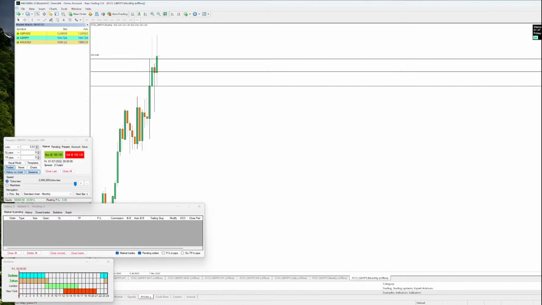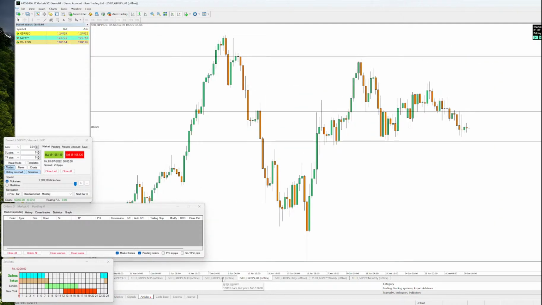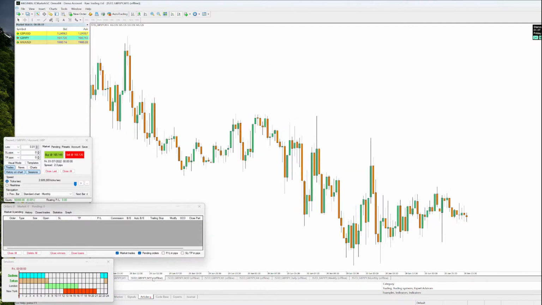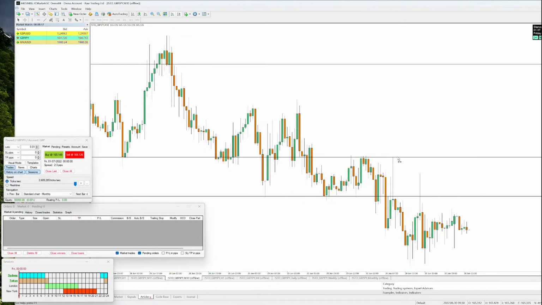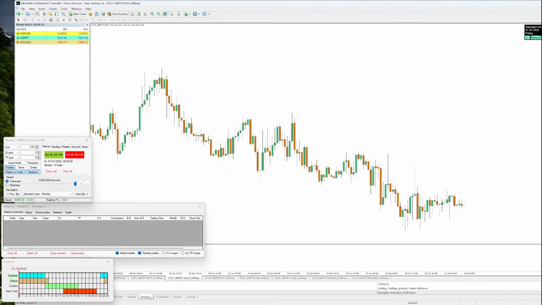July 2022 with a $50,000 account, all the time frames: monthly, weekly, daily, 4 hour, 1 hour, 30 minute, and 15 minute. We can potentially clean these shortly as we go through.